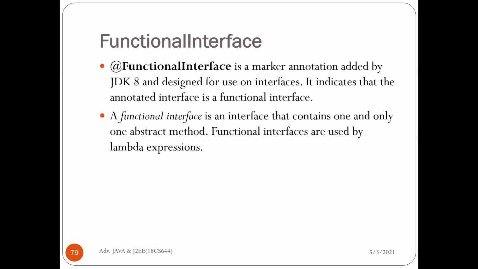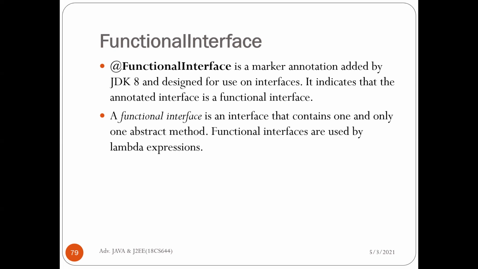So next is the FunctionalInterface. This is added by JDK 8 onwards. This FunctionalInterface is a marker annotation, and it can be used on interfaces. It indicates that the annotated interface is a functional interface.